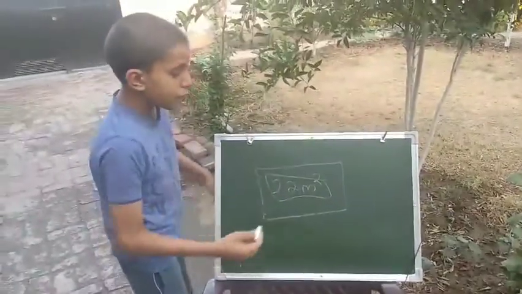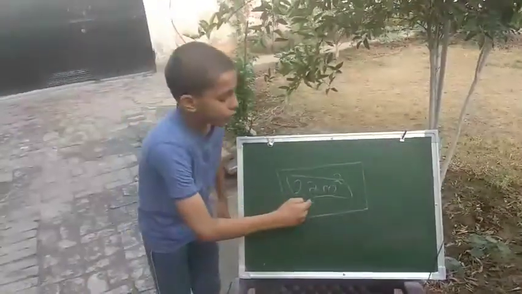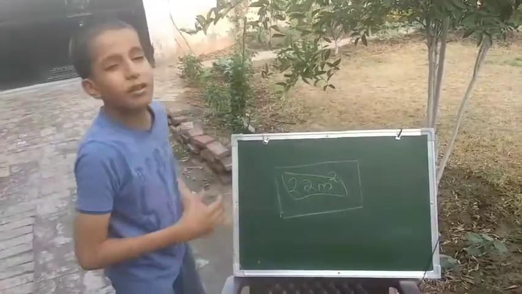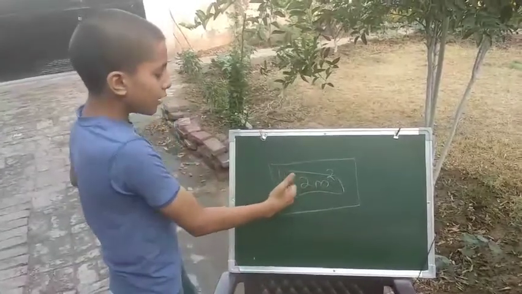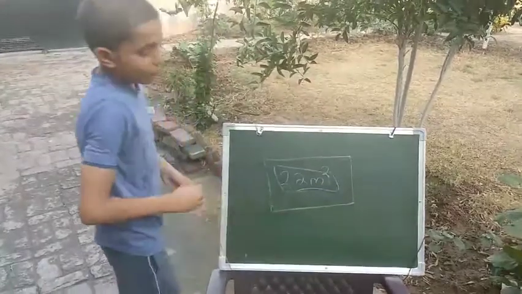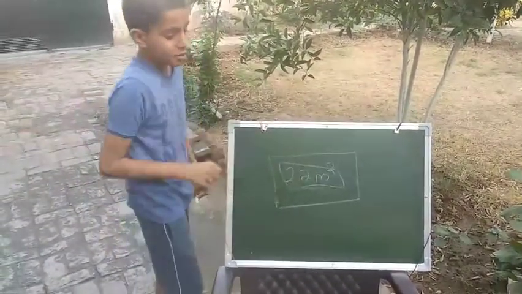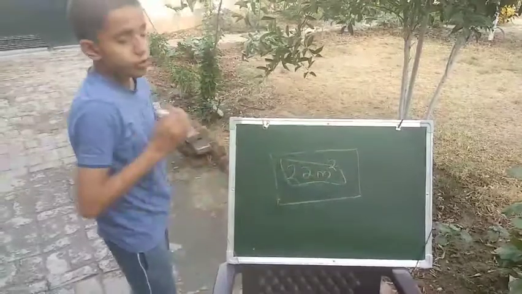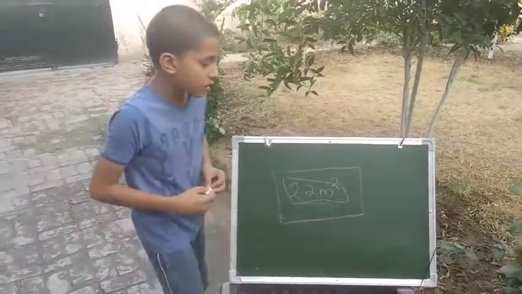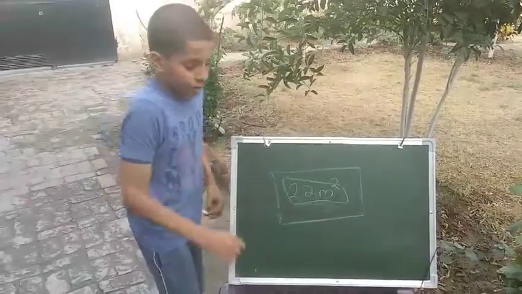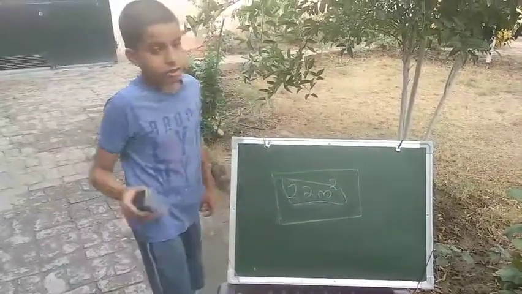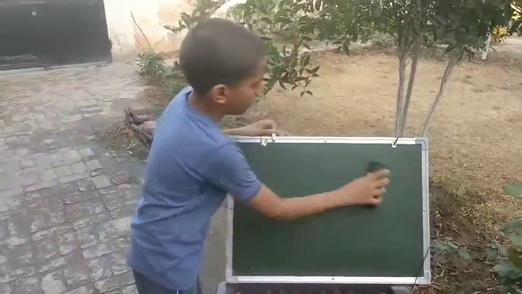It's not telling at which direction this 22 meters square is, it only tells us about the magnitude, the size, how much space is in it. It also tells us about the location of an object, but not the direction. So this is our scalar quantity, not a vector quantity.